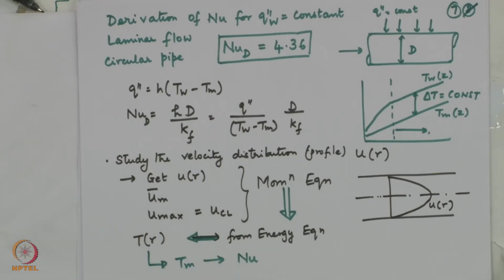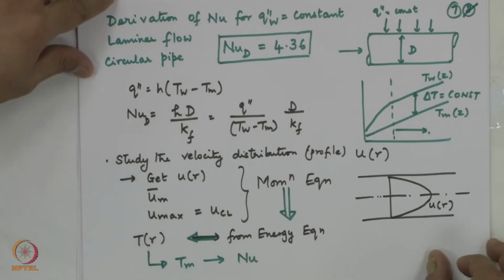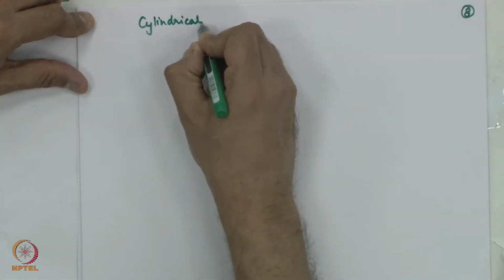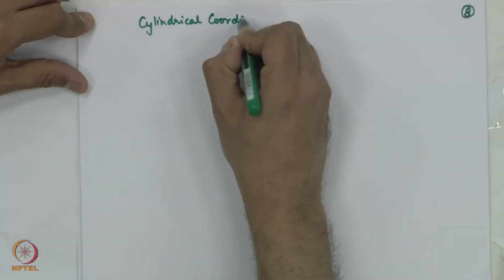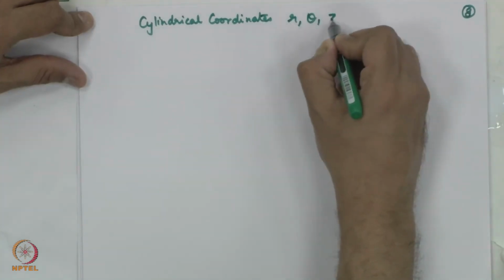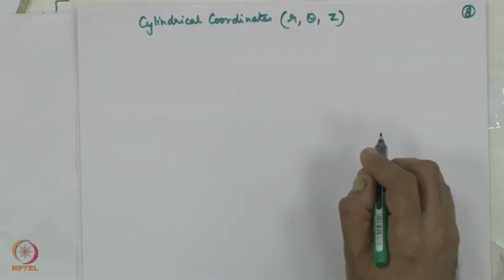So, let us start with the continuity and the momentum equation for flow through a circular pipe. Remember, this is going to be in cylindrical coordinates r, theta, z. I use z instead of x because it is a little bit more convenient.